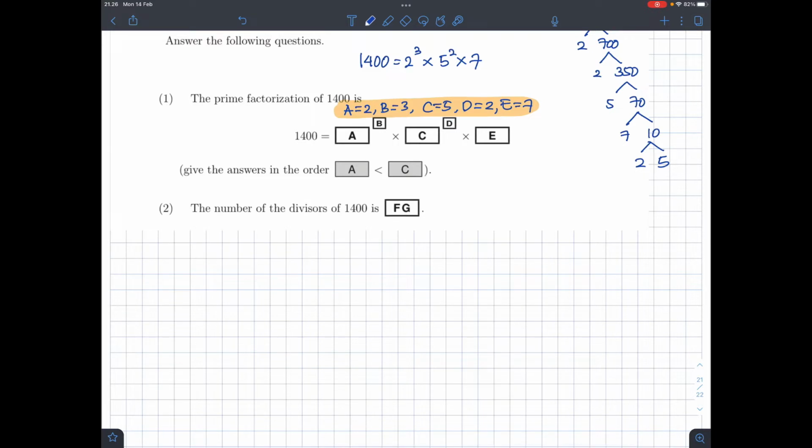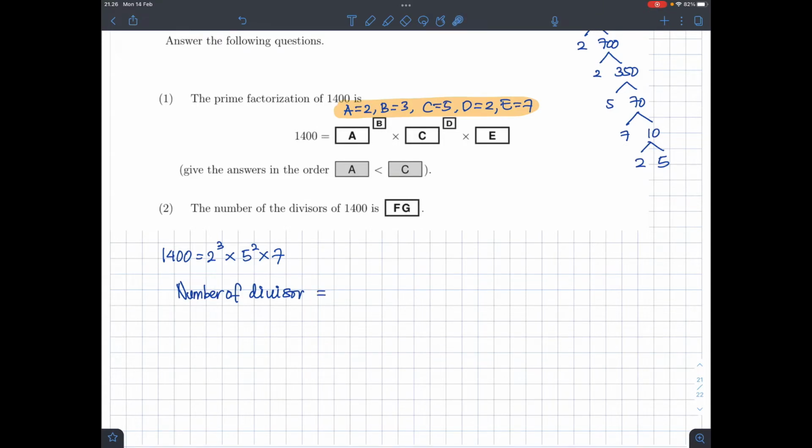The number of divisors of 1400. Actually, we can start from the prime factorization. This is the fastest way to find the number of divisors. You just see the powers here.